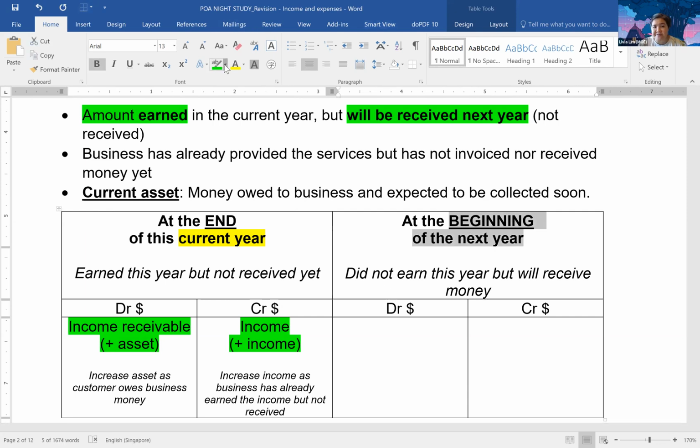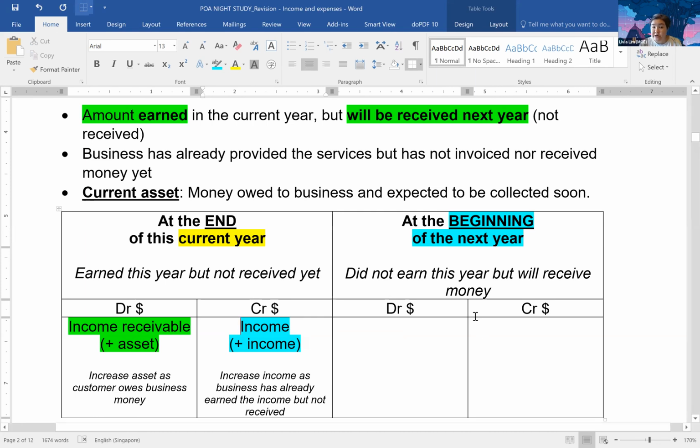At the beginning of next year, things are a little bit different. Now look at this thing that I'm highlighting in turquoise. This income you already earned last year. You have earned this amount last year, but next year you will receive the money. But in reality, this money that you receive, you didn't earn it that year, you earned it last year.